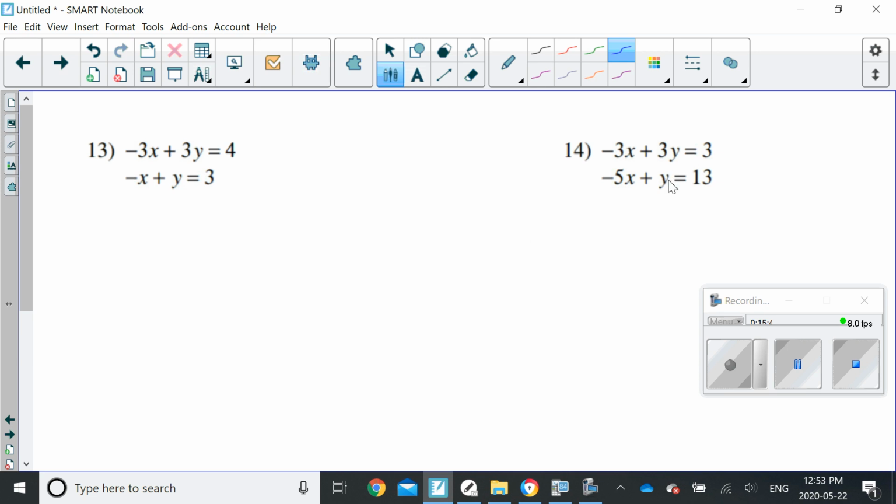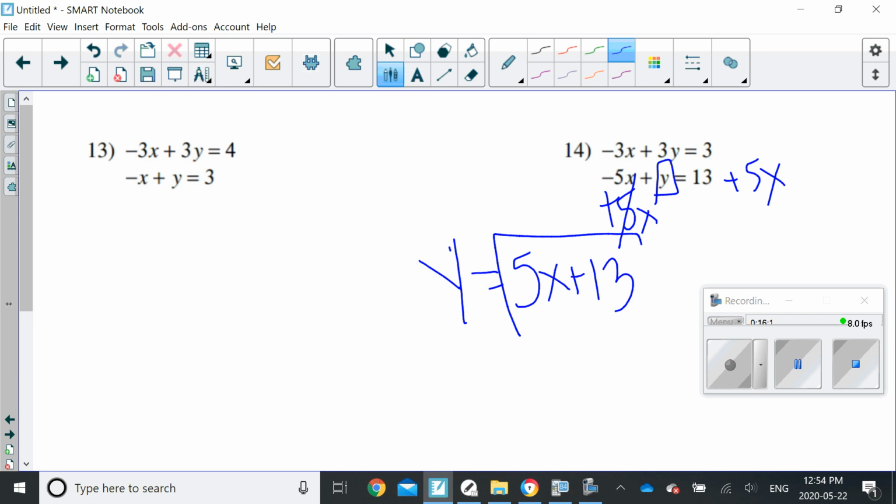Let's quickly look at 14, because I want you to solve 14. So if you were looking at these two systems, again, they really want y isolated. That's the only one that makes sense, right? Isolate y by adding 5x to each side. And what would you get? You would get y is equal to 5x plus 13.